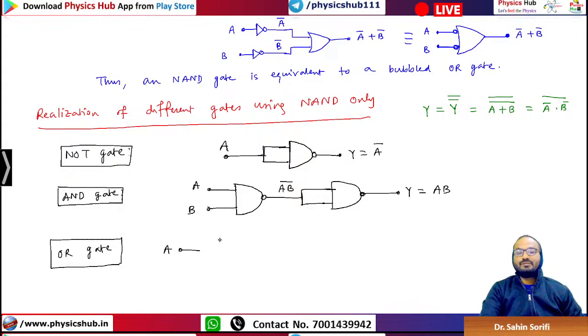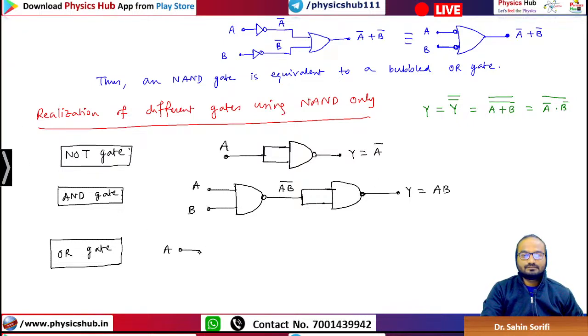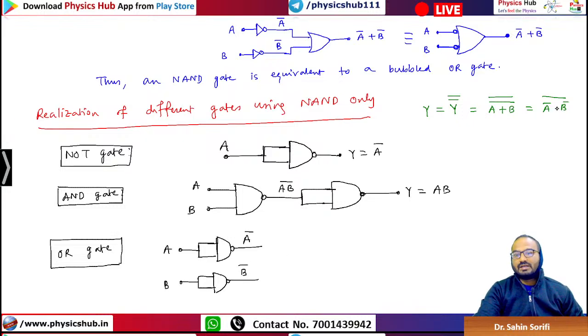You need A complement, so you have to make it 2 input. You can do it in this way. Using a NAND gate you can get A complement. We require B complement, so B through a 2-input NAND gate gives B complement. Then you have to multiply and take the complement.